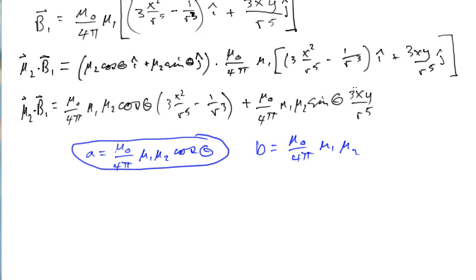In fact, I'll pull that 3 out front. So it's 3 mu0 over 4 pi times mu1, mu2 sine theta. That'll be my B.